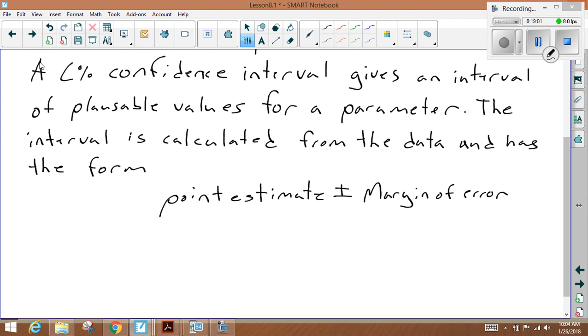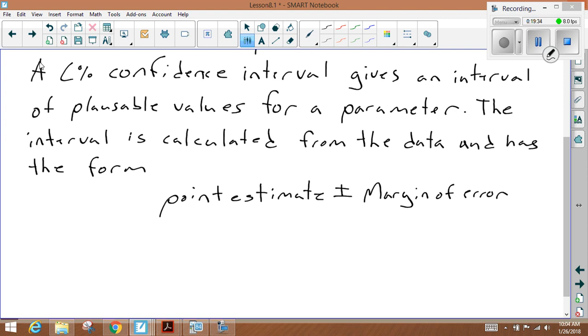I'm going to just say exactly what it says there. You can read it too. To interpret a C% confidence interval for an unknown parameter, say we are C% confident that the interval from blank to blank captures the parameter in context, the true mean of blah blah blah, or the true proportion of blah blah blah. It's very important that you use exactly that language, or you'll get points taken.